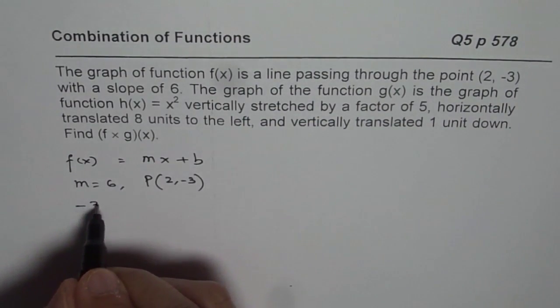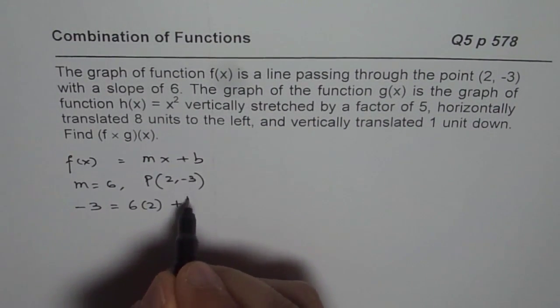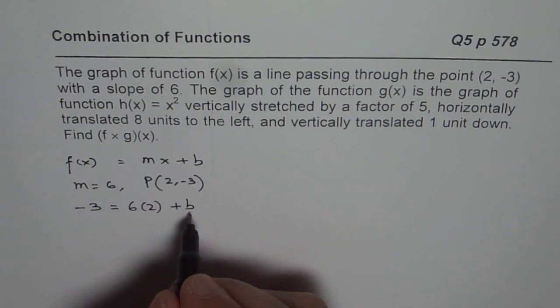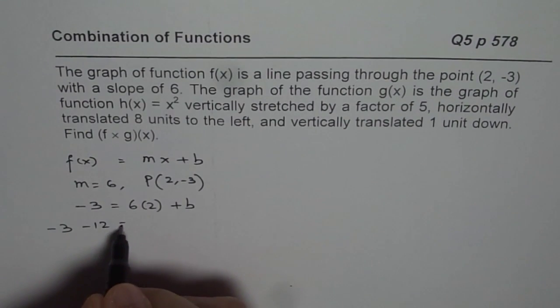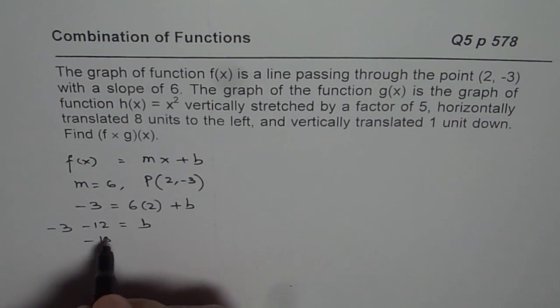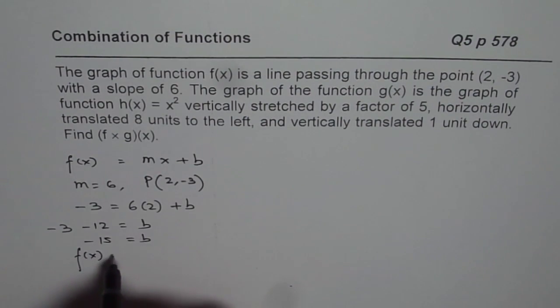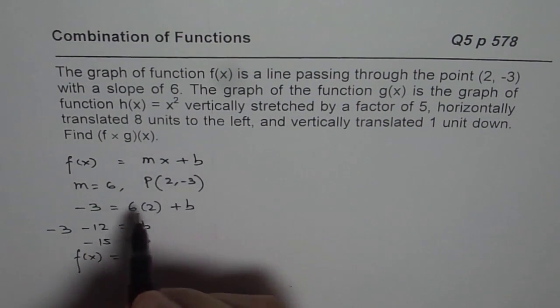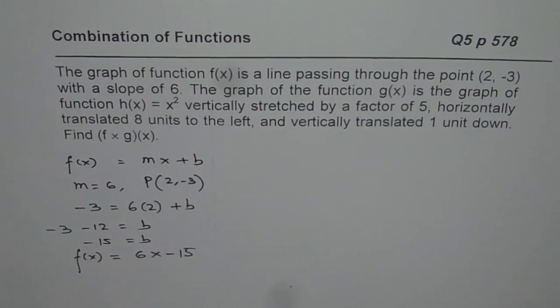So we have -3 equals slope of 6 times 2 plus b. From here we can find the value of b, which will be -3 minus 12 equals b, that is -15. So we can write this function as f of x equals 6x minus 15. So that is the first function.